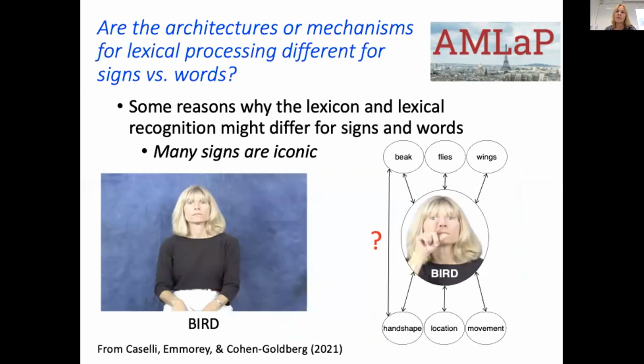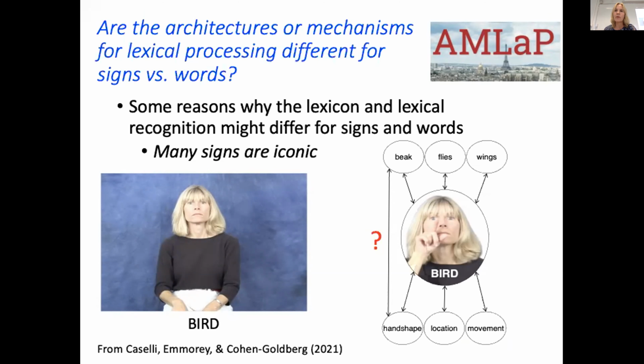Another property of sign languages is that many signs are iconic. Iconicity is really pervasive throughout sign language lexicons. I'm going to show you an iconic sign, the ASL sign for bird, which I believe is pretty much the same as the LSF sign for bird. You can see that that sign depicts a bird's beak, the location of the beak, and even the movement of the beak.